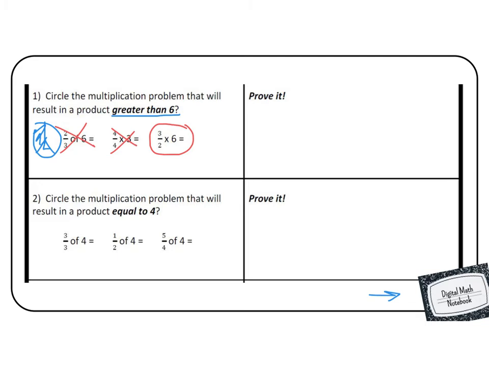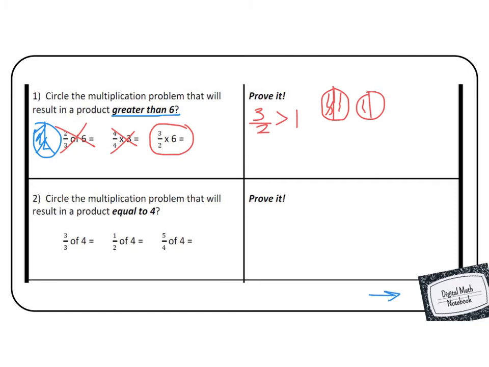So when we prove it, you have a box in your digital math notebook. You can type in a sentence. You could draw a picture if you'd like to. But we know that 3 over 2 is greater than 1. You can type that in a sentence, or you can type that just like that. If we drew this in a picture, we would have halves, and we would have 1, 2, and a third one.